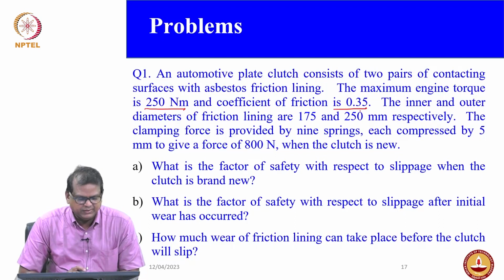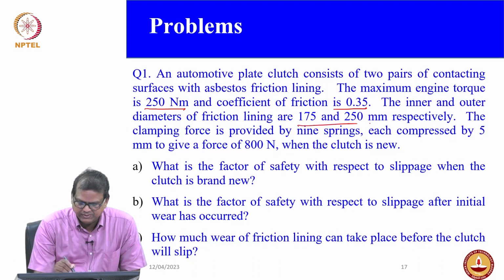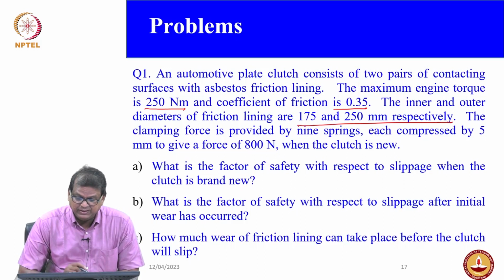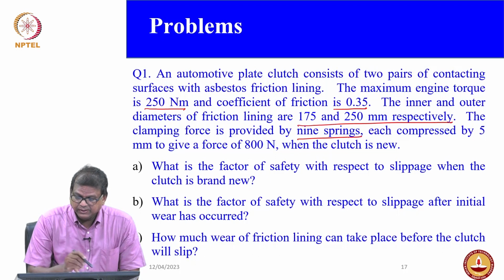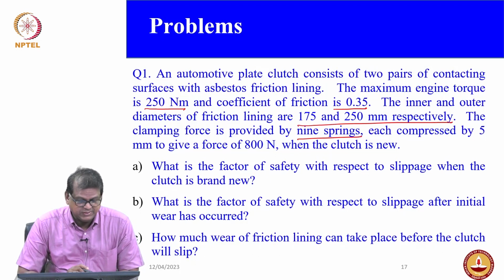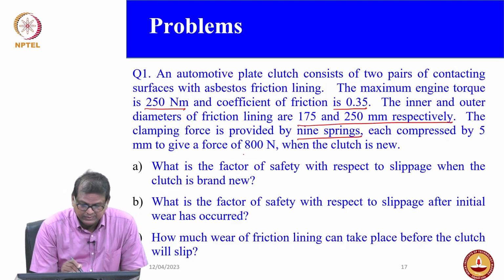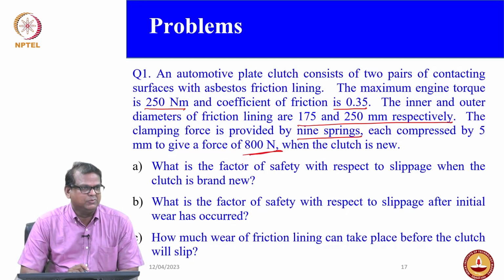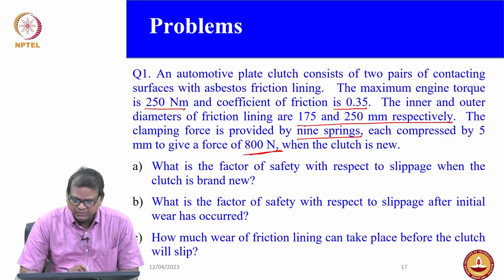The inner and outer diameters of friction lining are 175 and 250 millimeter respectively. The clamping force is provided by 9 springs, each compressed by 5 millimeter to give a force of 800 Newton, which is the P, when the clutch is brand new.